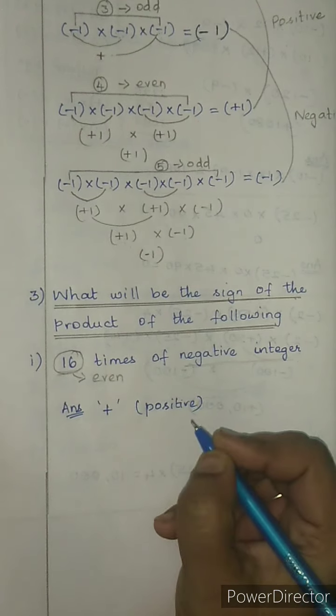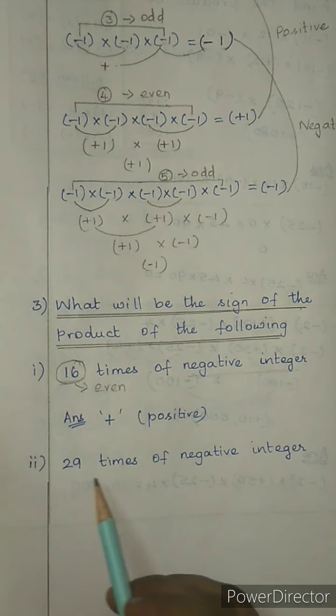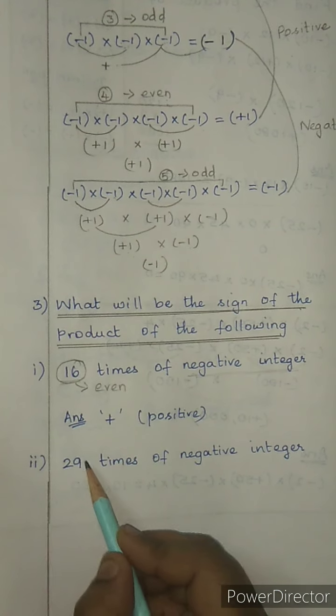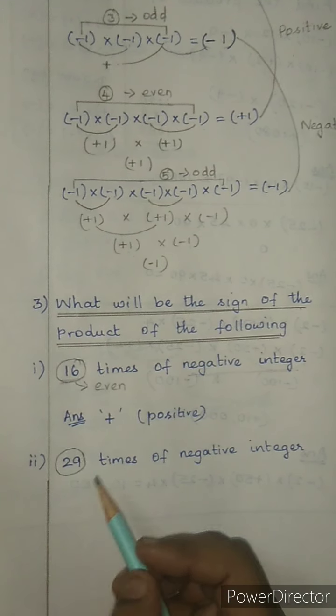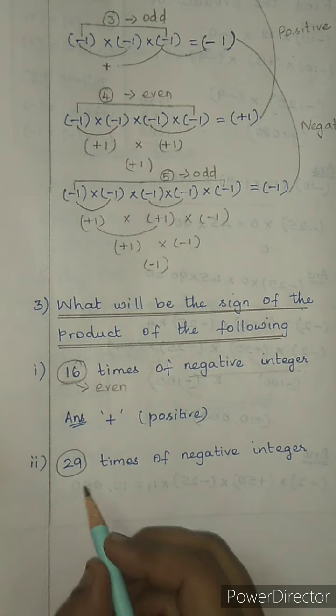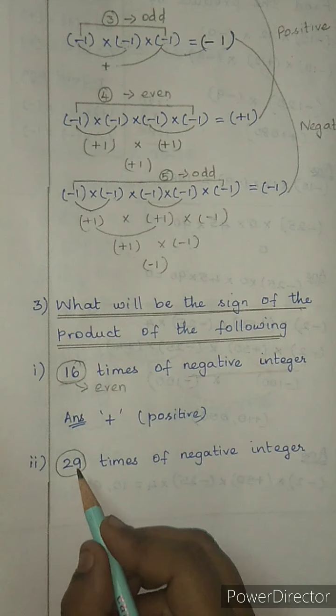Next subdivision, second subdivision, 29 times of negative integer. First let us check whether 29 is an even number or an odd number. Is it divisible by 2? No, we cannot divide 29 by 2.